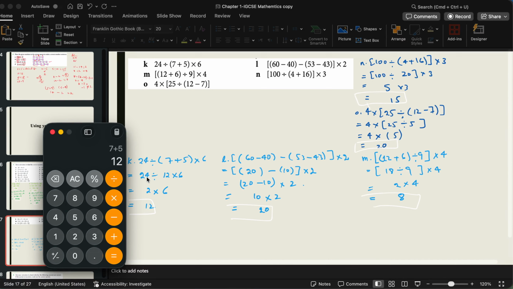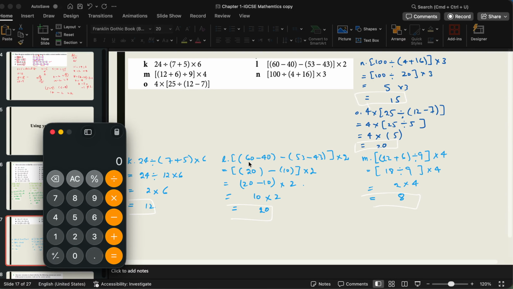Then we solve from left to right, 24 divided by 12 equals 2. Now 2 multiplied by 6 equals 12. So 12 is our final answer for this expression.